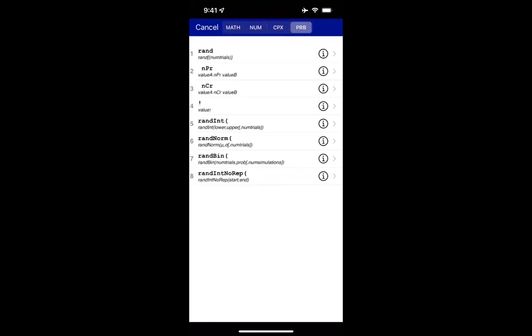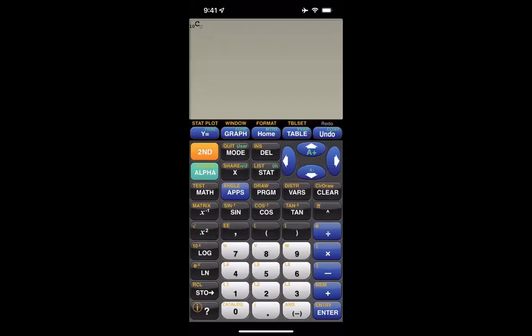If you have a scientific calculator, when you press the PRB button, you're going to see 3 choices across the top of your screen: NPR, NCR, and also n factorial. You're not going to have all these other ones. And I can't say that I have ever used any of these other ones. All right, so this time I'm going to pick number 3. And then I'm going to put a 3 there. So it turns out that 10 choose 3 is equal to 120.